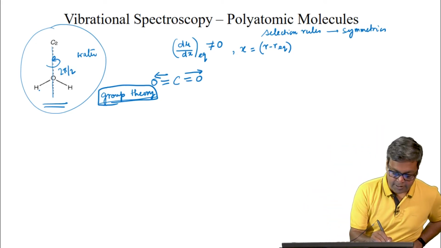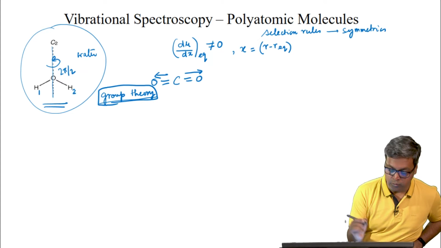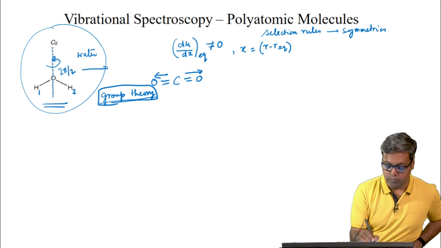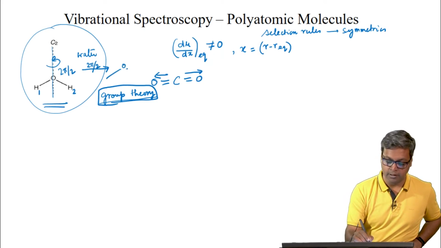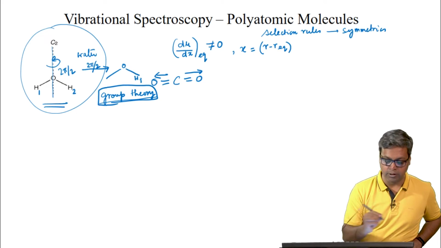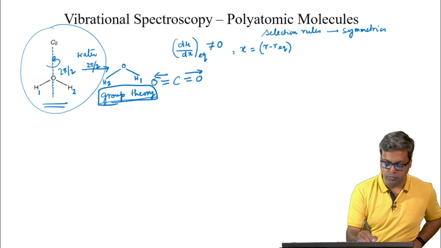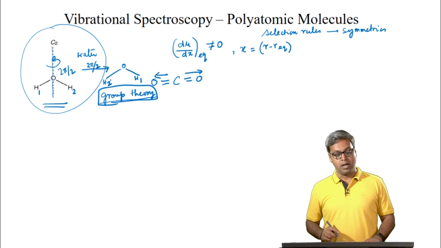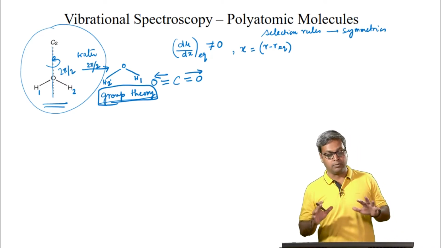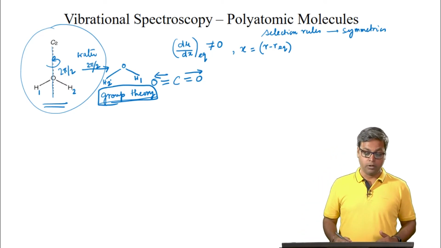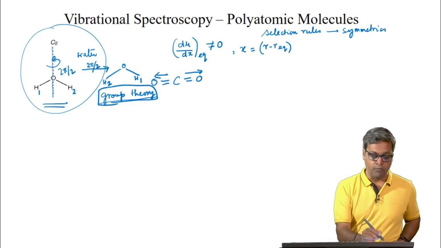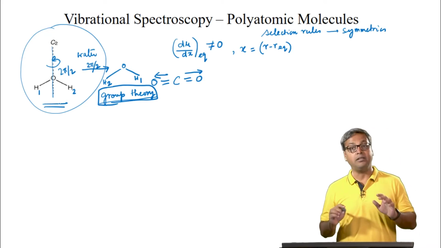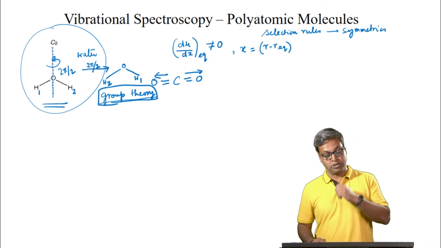If I write this as H1 and H2, and do a 2 pi by 2 rotation around the axis, what I get is H1 on the right side and H2 on the left side. But because these hydrogen atoms are indistinguishable, we cannot distinguish between the conformer before the rotation and the conformer after the rotation.